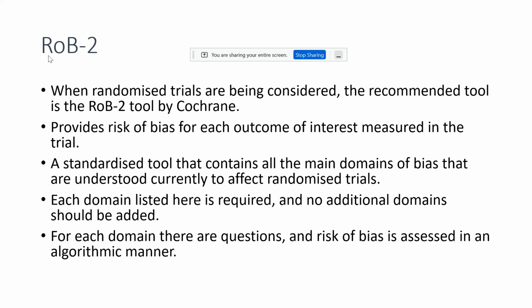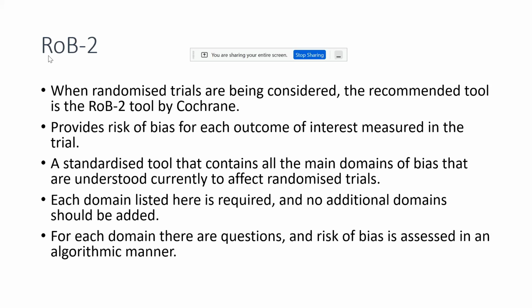At the beginning of the SRMA, we have specified what outcomes we will measure. We will use the RoB2 tool for each outcome in each study. This is a standardized tool which has 5 domains. Each domain listed in the RoB2 tool is compulsory to assess, and no additional domains are required.